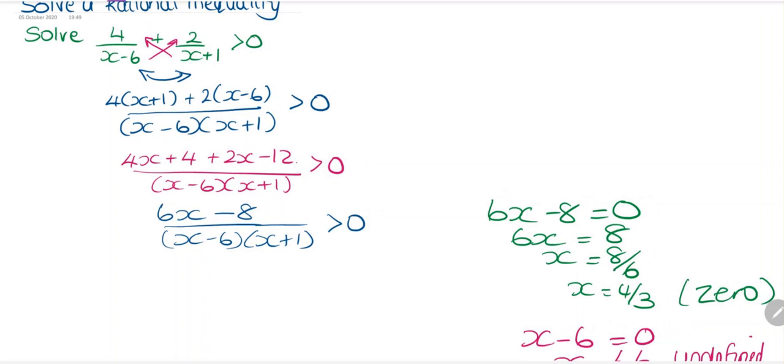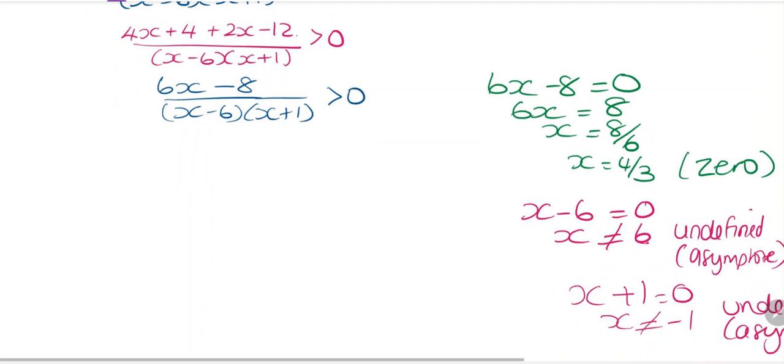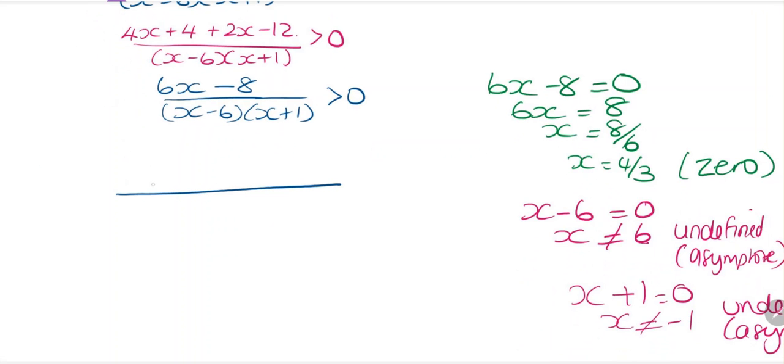So we're going to do a table. So let's have a look. So first of all, our values, we've got minus 1 and 4 over 3 and 6.